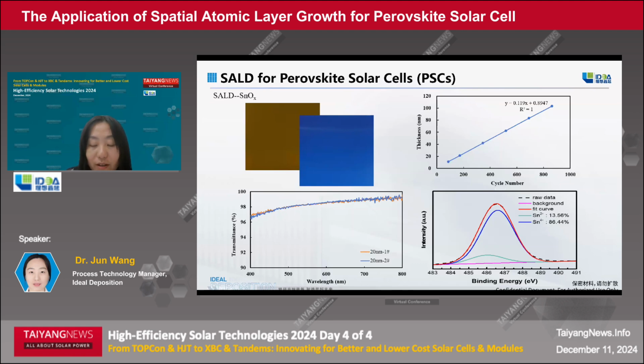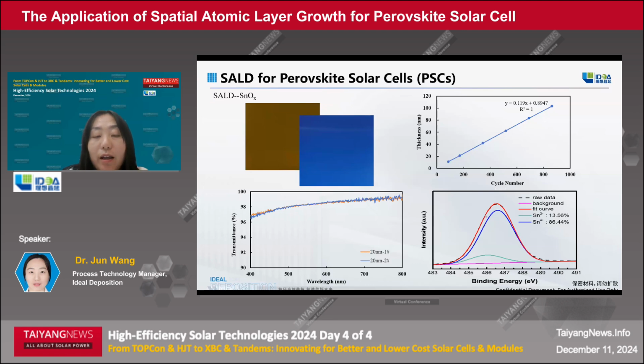The film thickness increases linearly with the cycle numbers, and the growth per cycle, GPC, is 0.1 nanometer per cycle. Also, the transmittance of the tin oxide layer can reach 96% with a thickness of 20 nanometers.